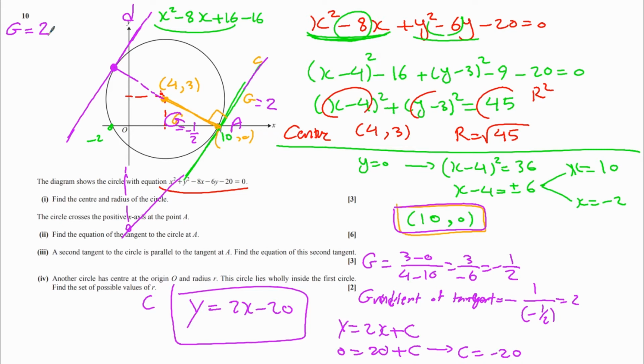The other thing we need is a point on that line to be able to write the equation, so we need to find the x and y of that point. We can do it in different ways.